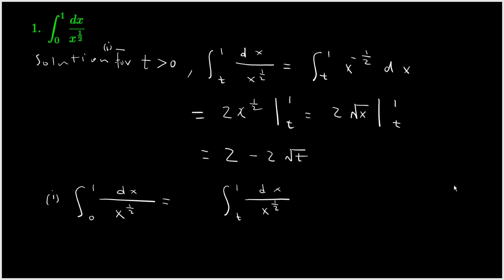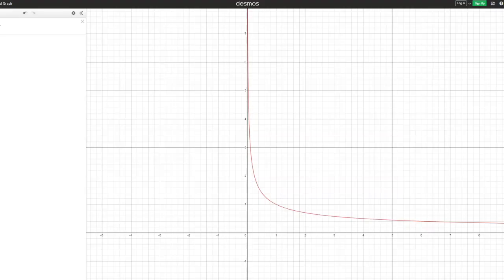The improper integral from 0 to 1 now should be defined as the limit. You take the limit as t approaches what? 0, from what direction, please? Actually, we need positive, 0 from the right. Because t is always positive, that makes sense.